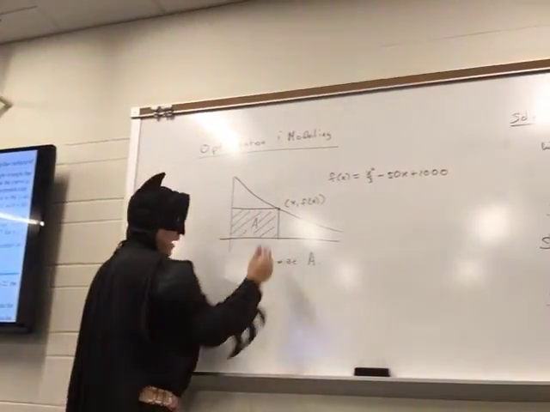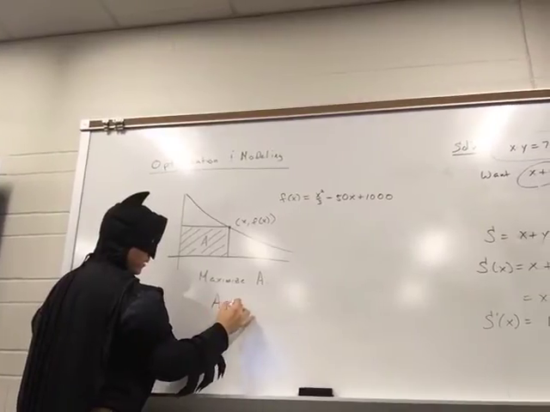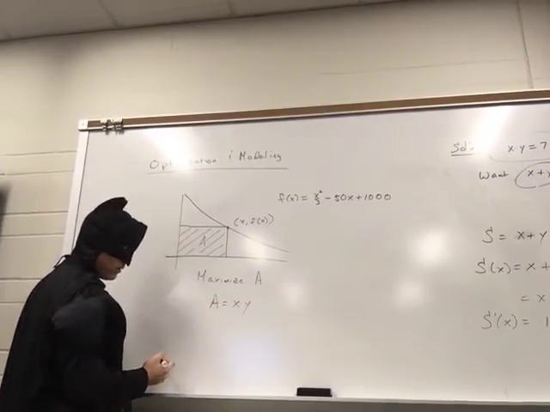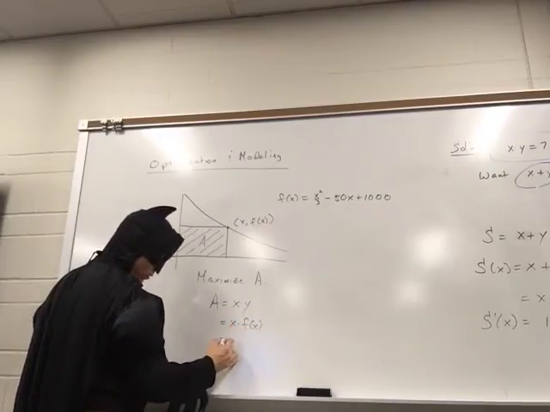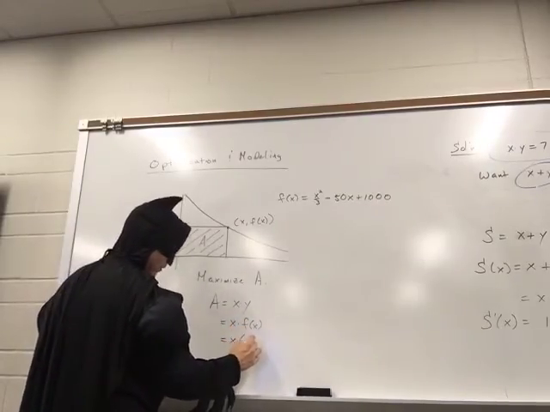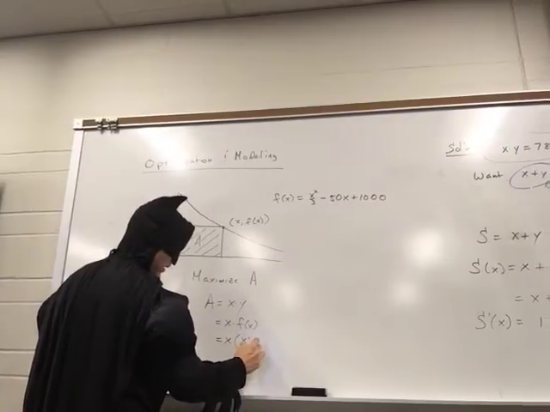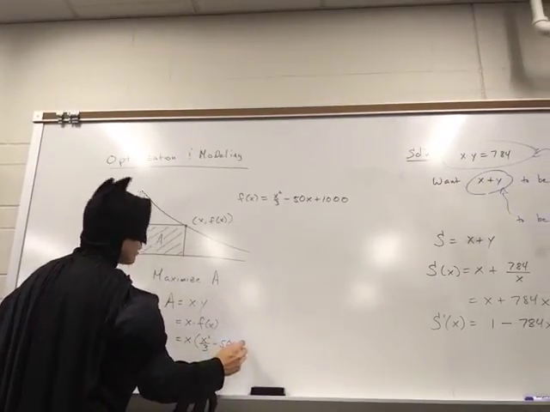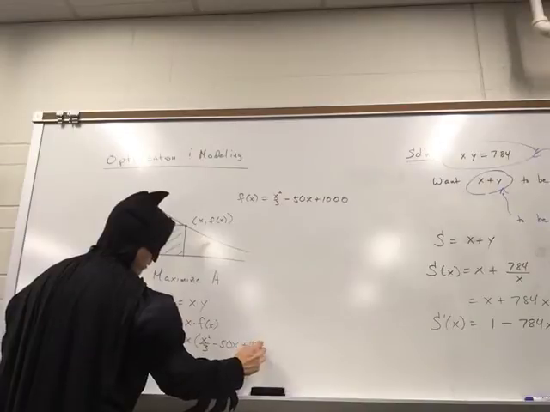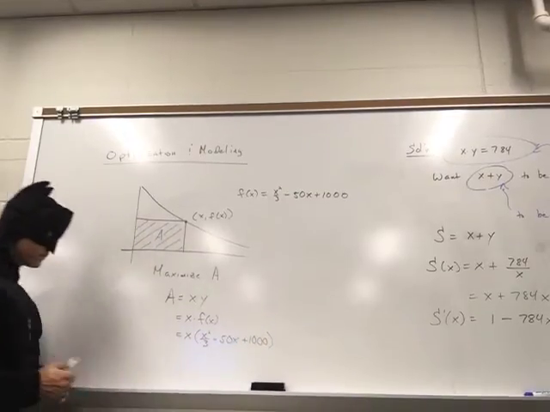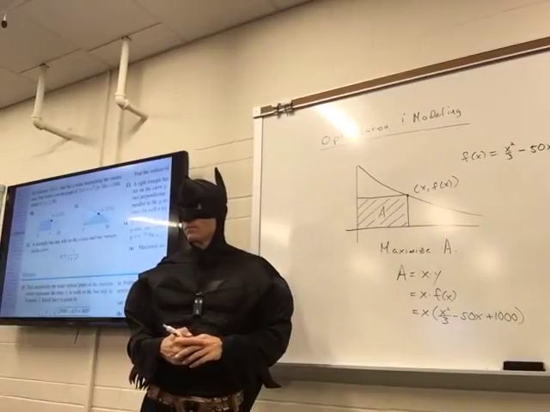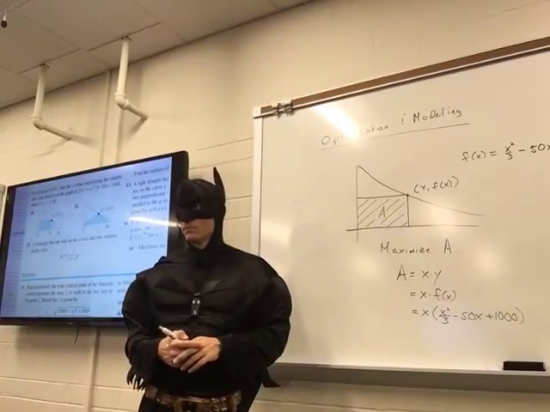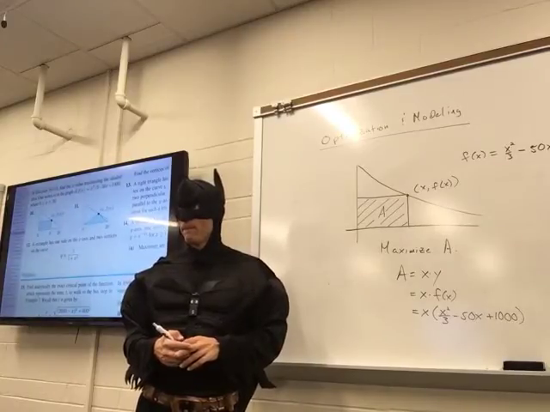Well, if I think of this being xy, the area is x times y, or x times f of x, or x times x squared over 3 minus 50x plus 1,000. Okay?